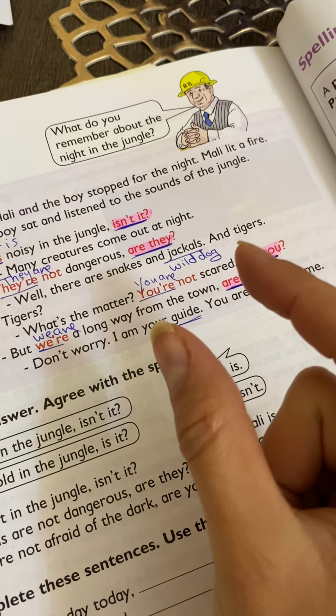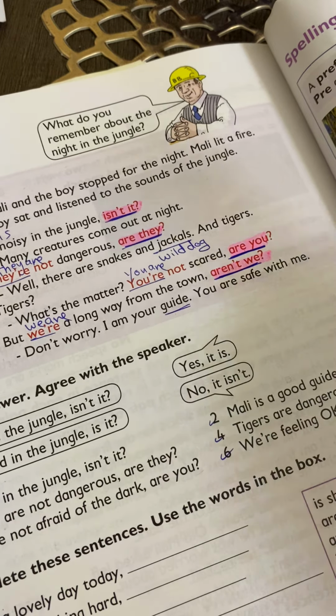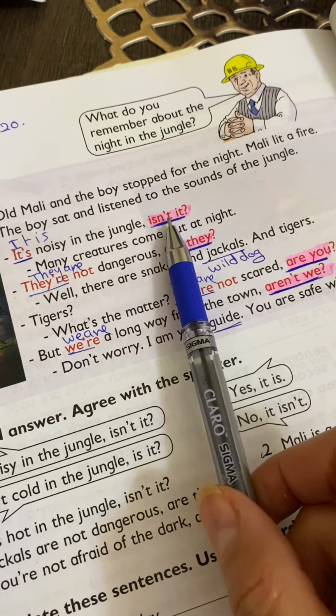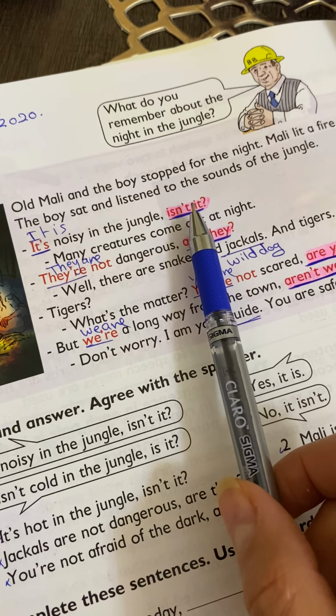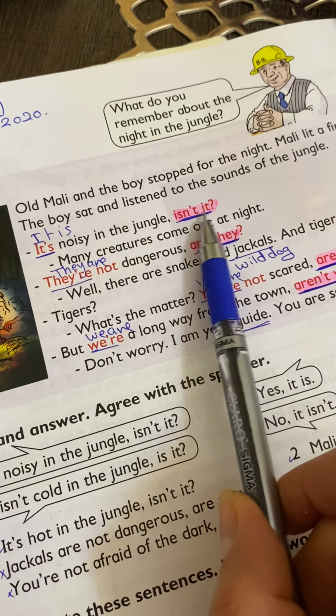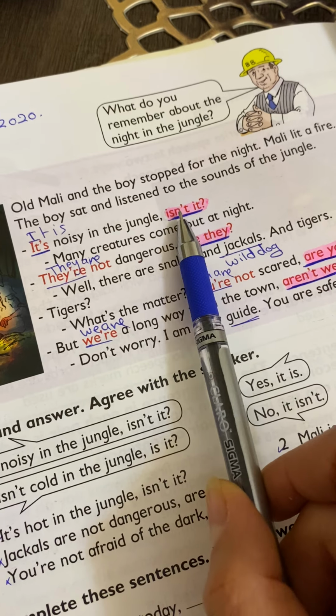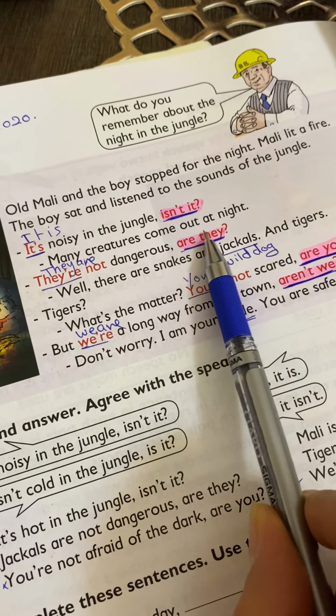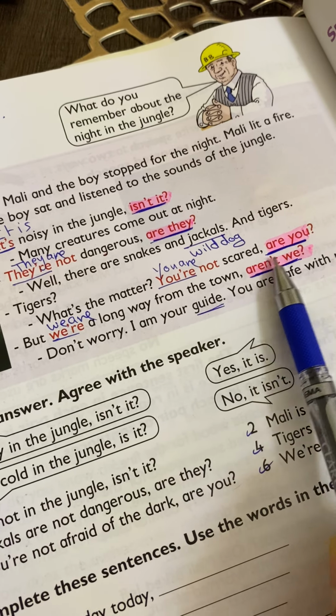Okay. It is a short question, okay? Where do we add it? At the end of the sentence. So, a question tag means a short question that we add at the end of the sentence.